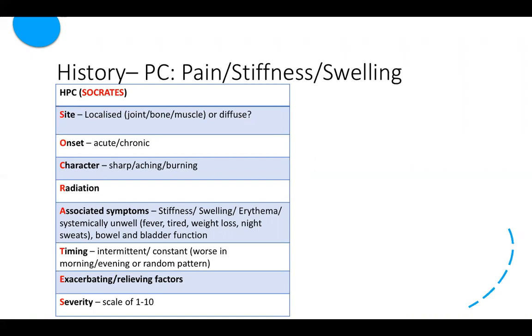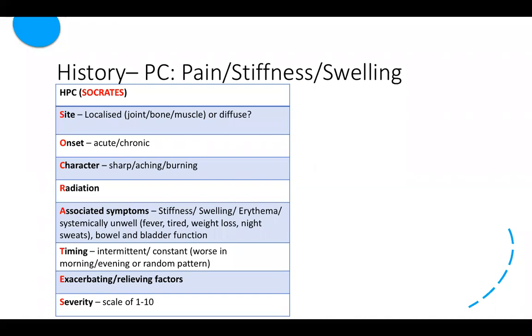Then you want to go into radiation. Does it travel anywhere? Associated symptoms. So stiffness, swelling, we'll talk about those two in a bit more detail. Is there any redness? Are they systemically unwell in any way? Those are things like any fever, tiredness, weight loss, night sweats. So you're just covering these red flag symptoms to rule out if there's anything sinister going on. And bowel and bladder function.